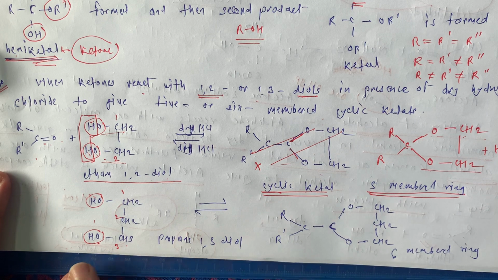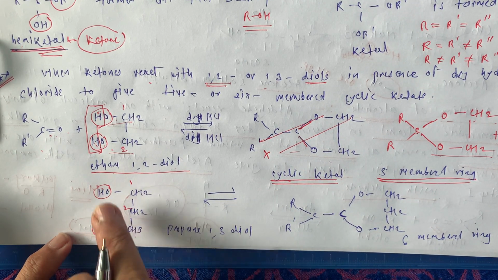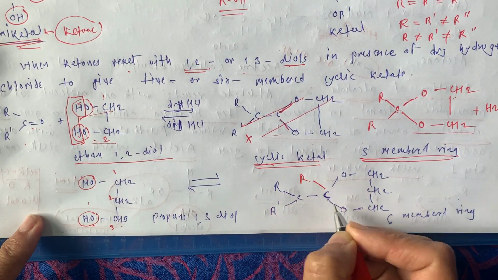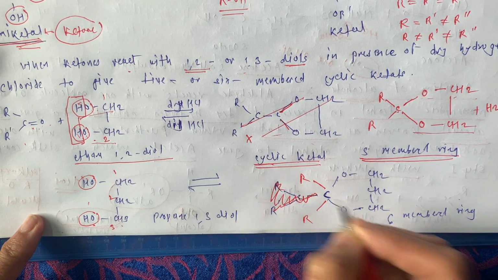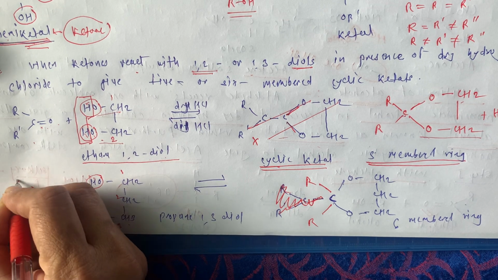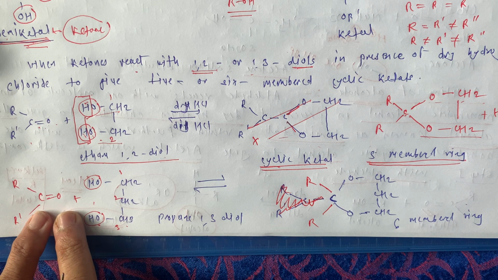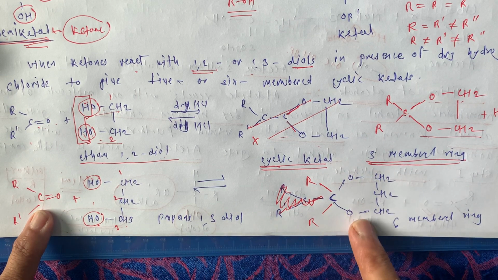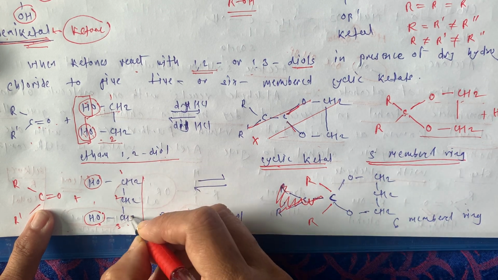Okay. Now if we treat with 1,3-diol, again I made a mistake over here. The product should be like this. So now, on this carbonyl carbon, there is bond formation with the 2 oxygens, and this is the link over here. This is CH2 CH2 CH2.